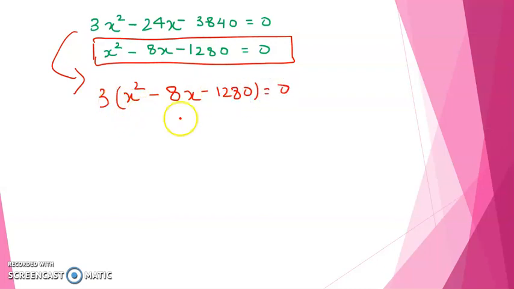Now the 3 in multiplication with the 0 on the right side drops out, so I will be left with this equation only: x square minus 8x minus 1280. This is your quadratic equation.